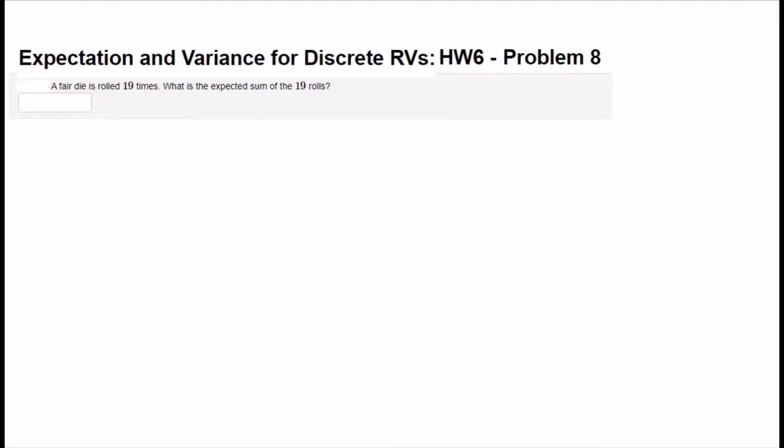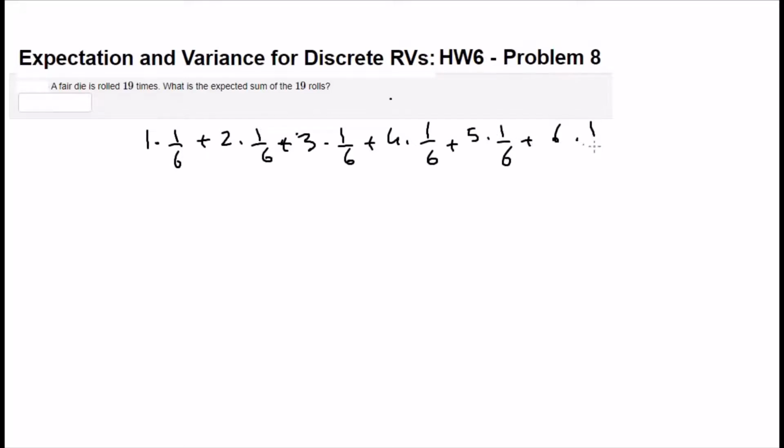Problem number 8. A fair die is rolled 19 times. What is the expected sum of 19 rolls? For a single die, our expected value is 1 times 1/6 plus 2 times 1/6. That is the probability and the value of each number, plus 3 times 1/6, 4 times 1/6, 5 times 1/6, and 6 times 1/6.